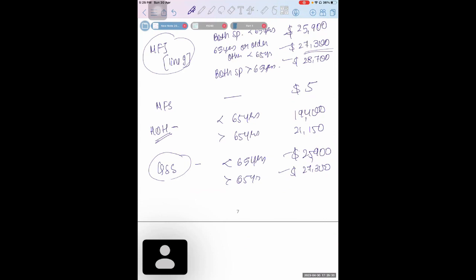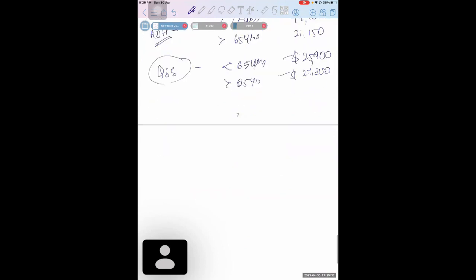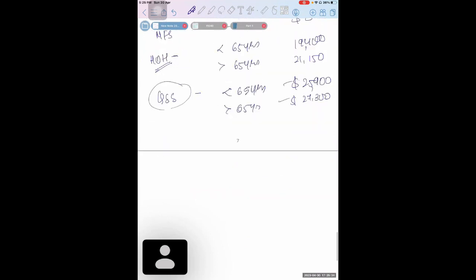There is one more thing which we need to consider over here. That we will take in the next session. That is about if a person is blind, then there are some different standard deductions.